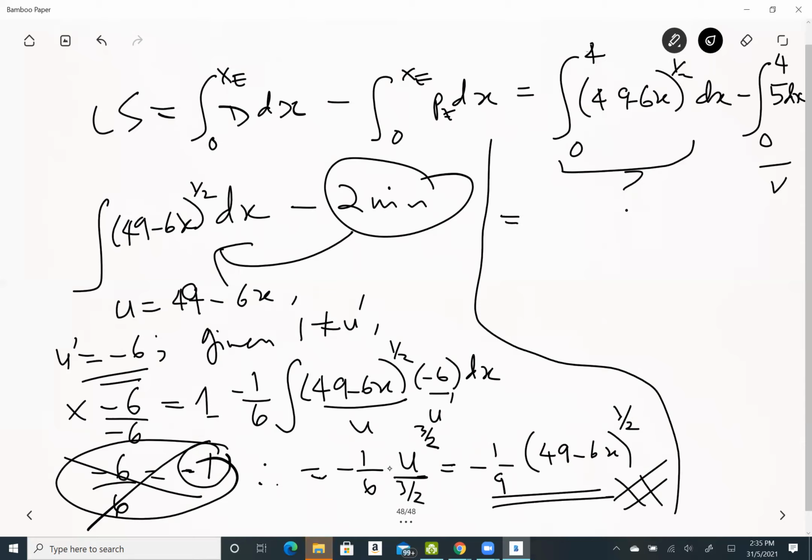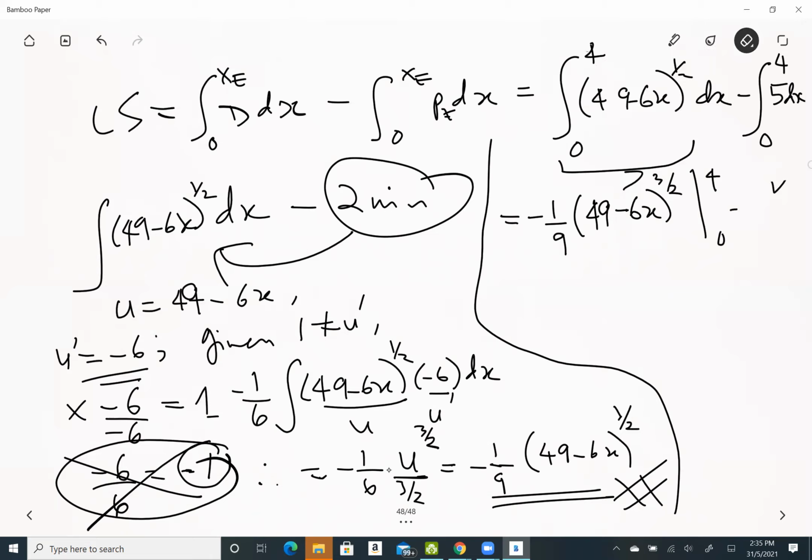So that will be equal to negative 1/9 multiplied by 49 minus 6x to the power of 3/2, from 0 to 4, minus the integral of 5x, because you have only 5, integrate from 0 to 4. So that is the integral.